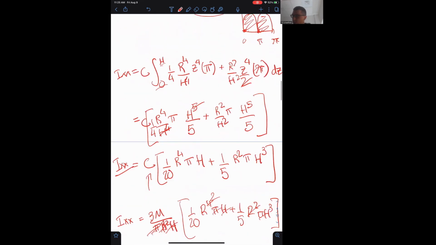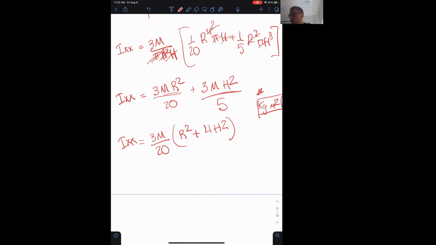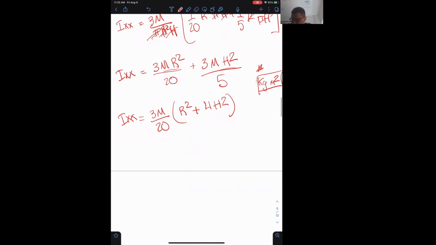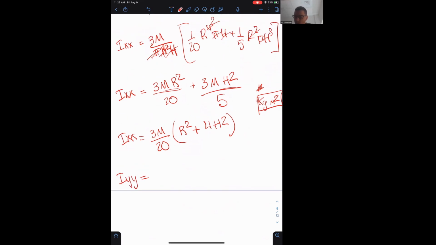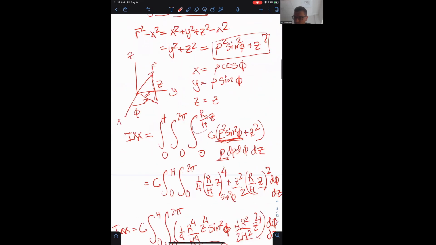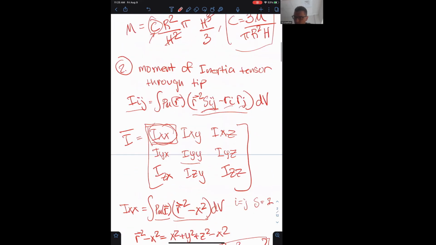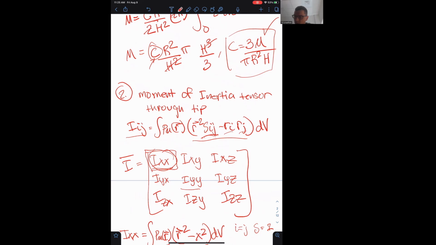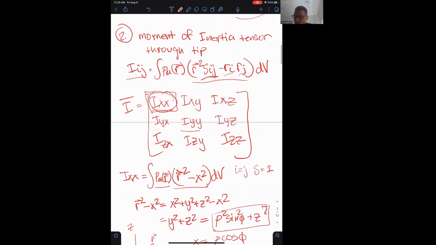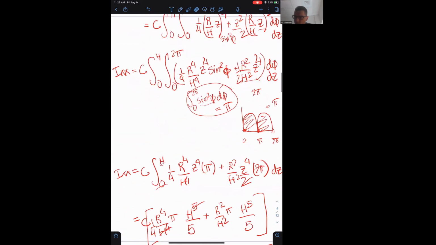But let's move on to Iyy, so this is now going to be r squared minus y squared. So we're going to have a similar integral.